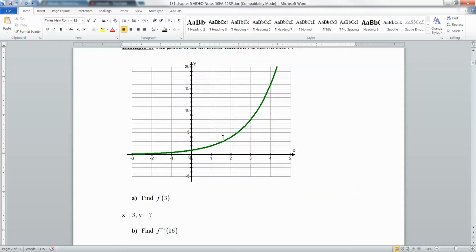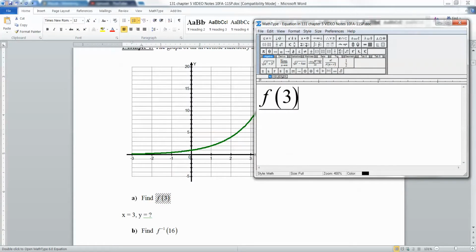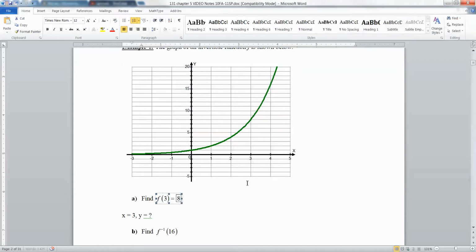So you're just reading a graph. You say, okay, when x is 3, so you go on the x-axis, 1, 2, 3, there's 3. You go up to where the y value is, and you go back and realize it must be 8. So f of 3 equals 8. Oops, and then I put that dot in so you could see it. So 3 goes to 8.